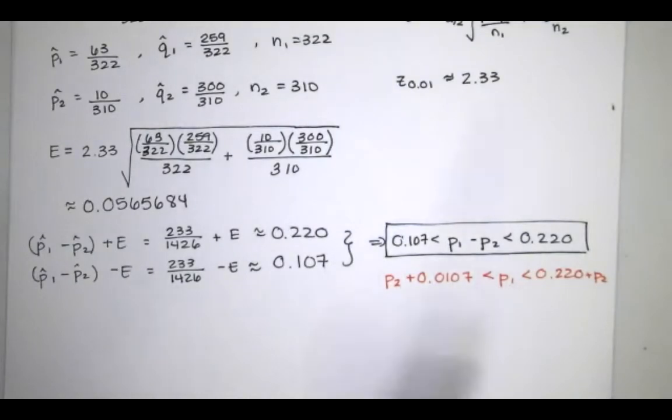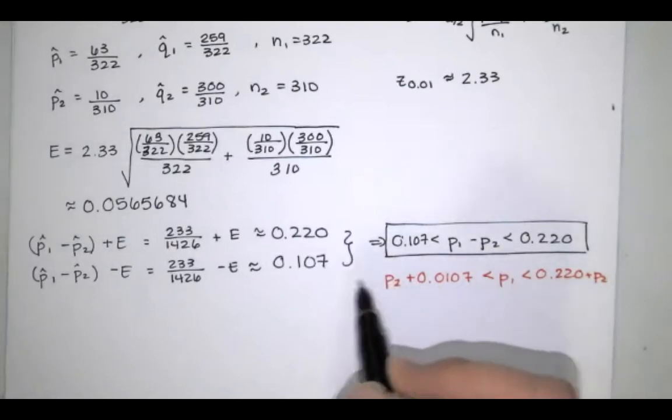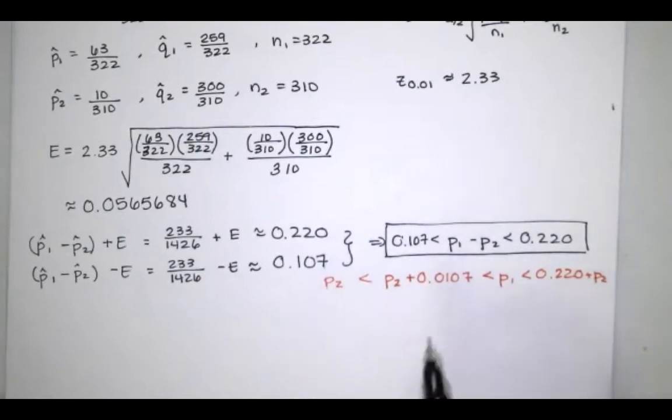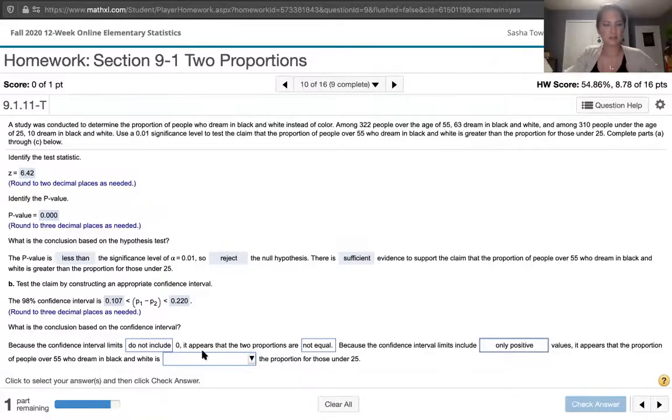So this P sub 1 value is consistently greater than P sub 2. It's between P sub 2 plus this number and P sub 2 plus that number. And of course, P sub 2 itself is going to be way down here. So because this is greater than P sub 2, P sub 1 is greater than P sub 2. So it would seem that the proportion of people over 55 that dream in black and white is greater than the proportion of people under 25 that dream in black and white. So we'll go down here and we'll say that that proportion is greater than the proportion for those under 25.